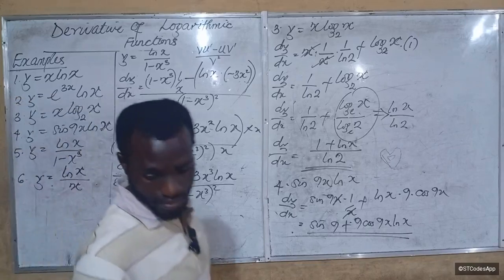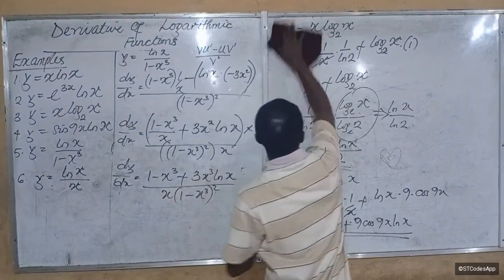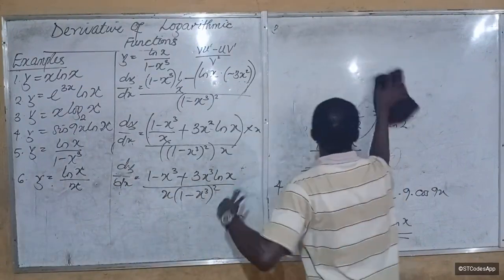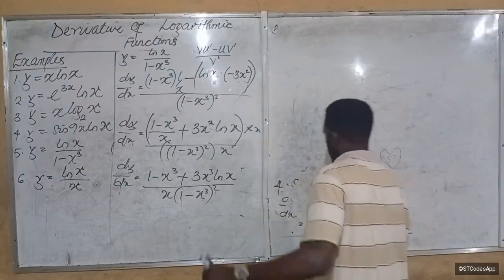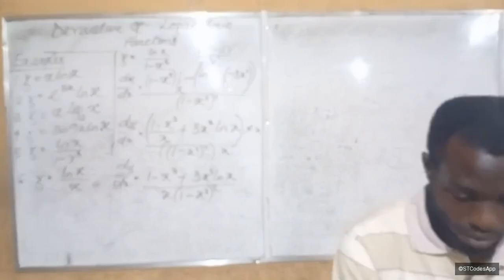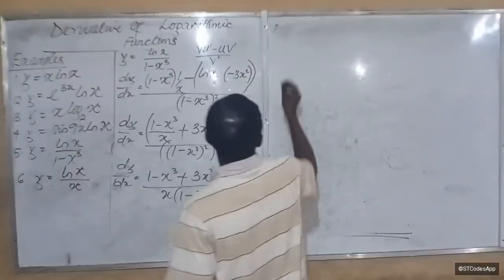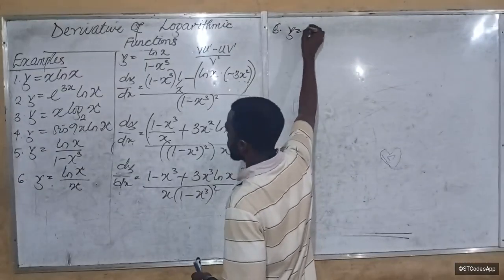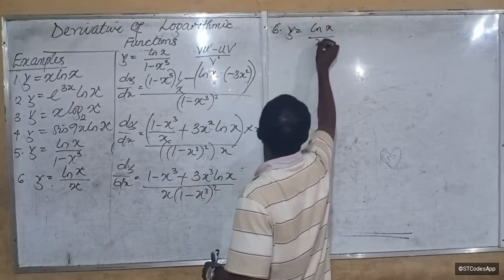Then number 6, which is the last one. Number 6 says that y is equal to ln x over x.